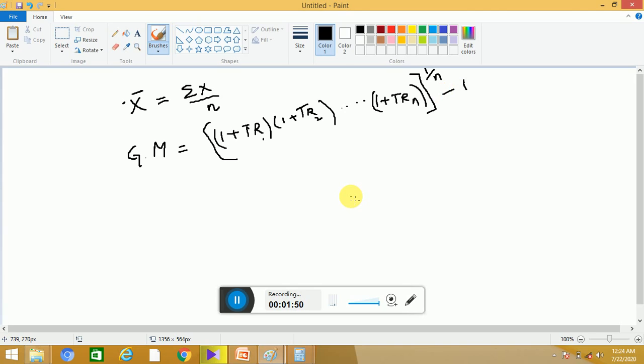This is the formula for calculating the geometric mean.